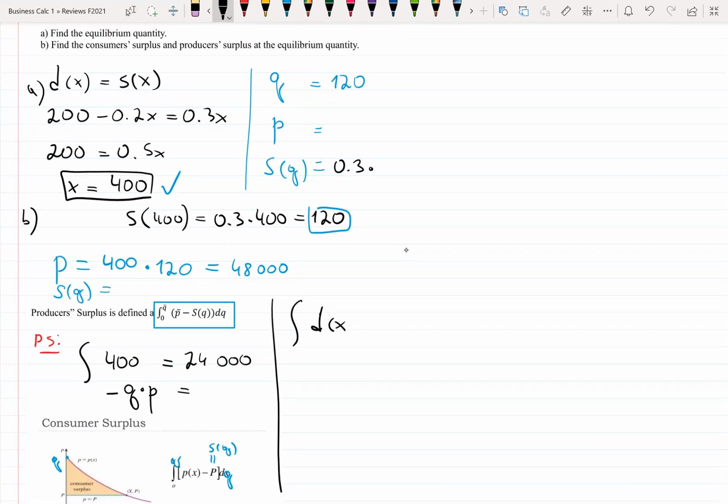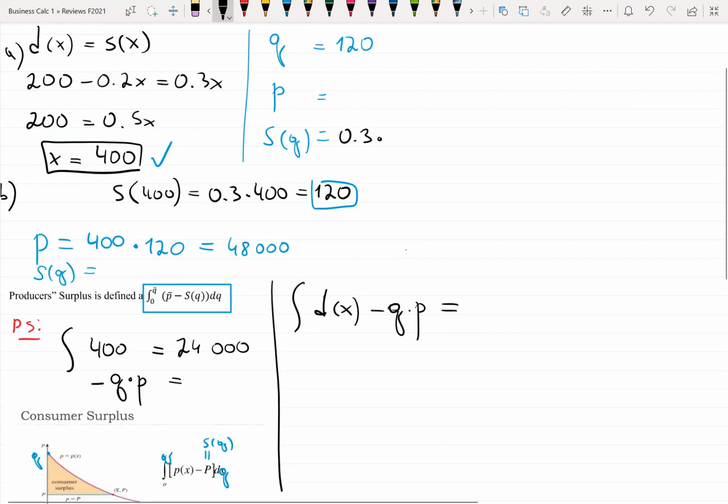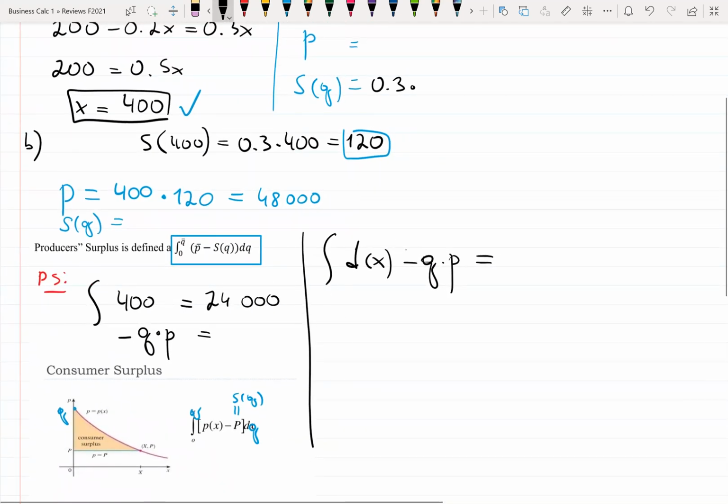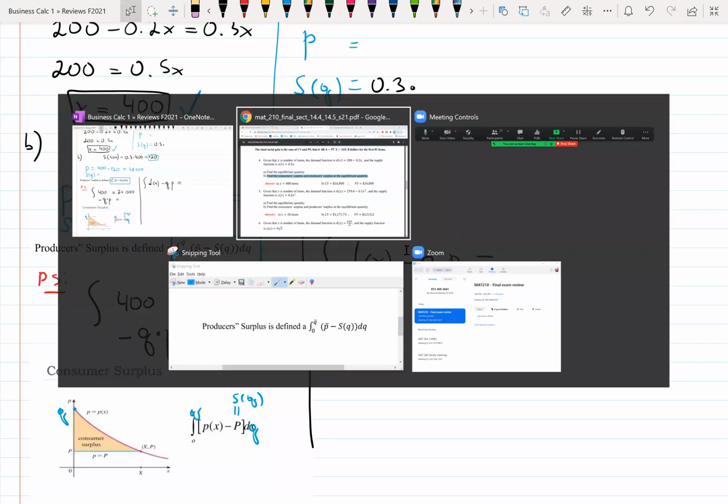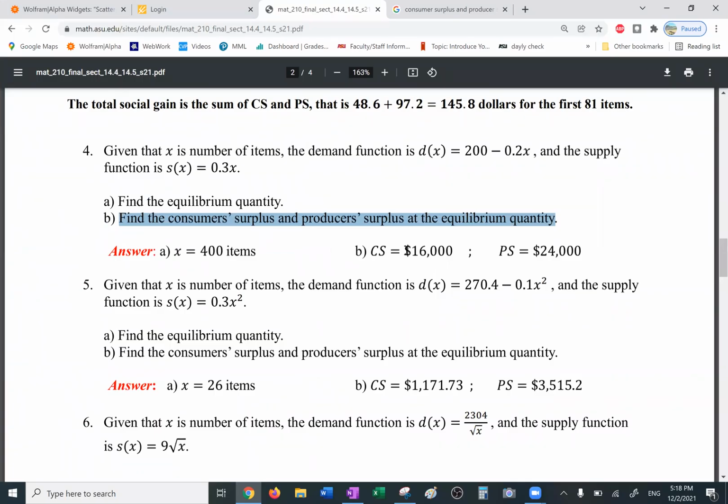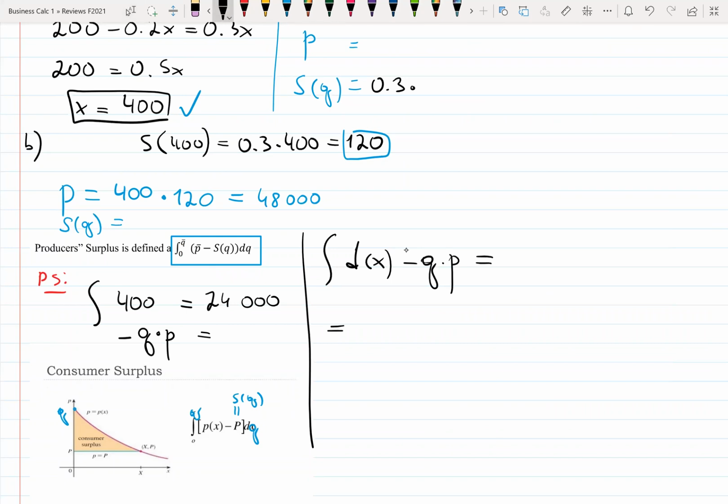Minus QP. Okay, Q times price, right? Okay, and then this one you get 16,000, right? It's 200 minus Q times P.